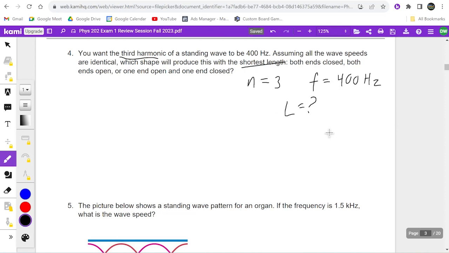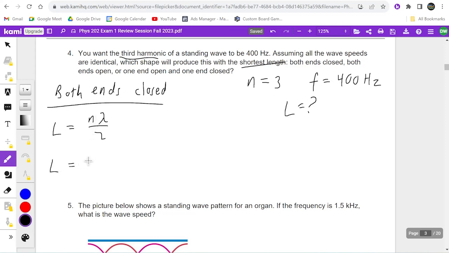What would be easy to do for this one is, let's start with both ends closed. It doesn't matter which we start with; we have to start with one. So we'll start with both ends closed, and I'm going to write the length equation for this, which is L equals n lambda over 2. Actually, we know what n is. n is 3, so L equals 3 lambda over 2.